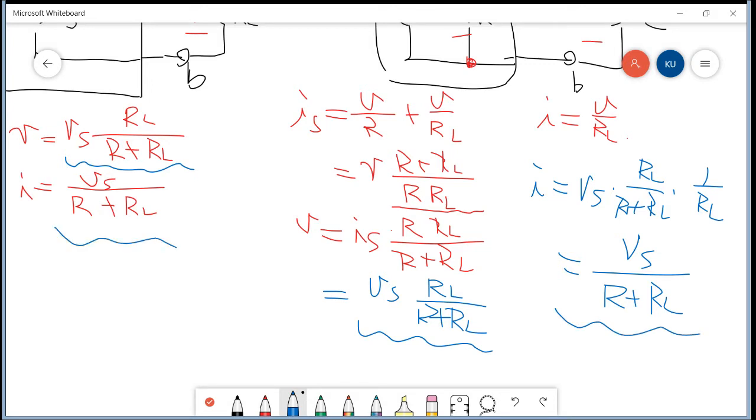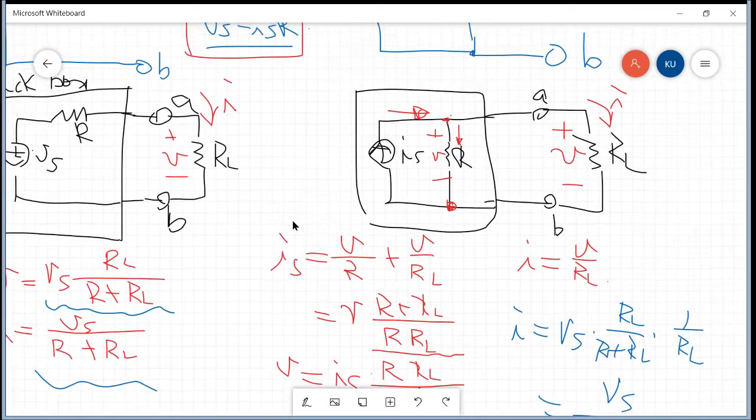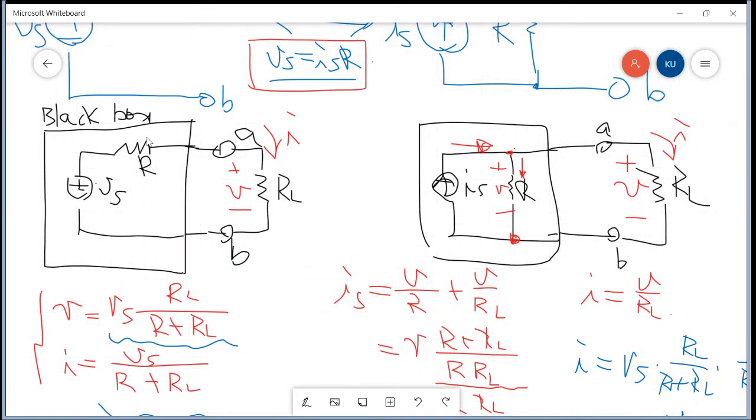So no matter what RL is, you will always measure the same V for both cases, the same I for both cases. So you cannot distinguish whether the circuit inside is the Thevenin equivalent circuit or the Norton equivalent circuit, which means that they are actually equivalent to each other.